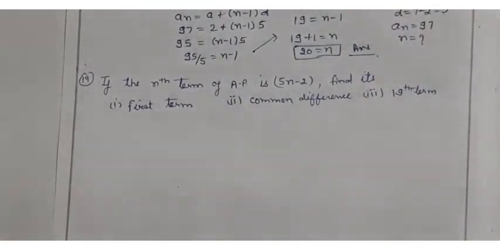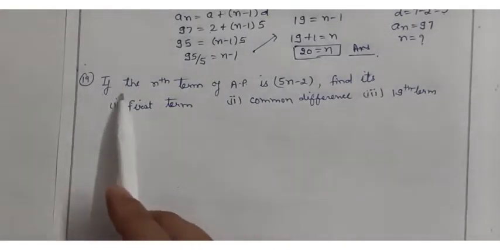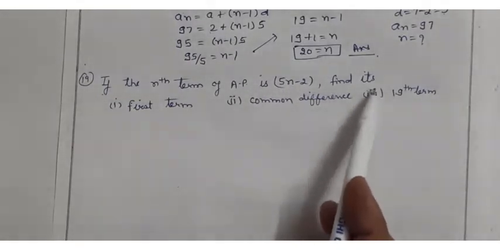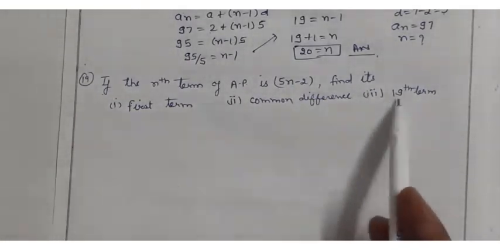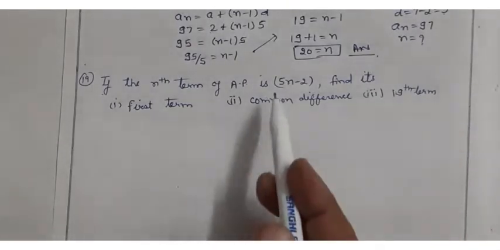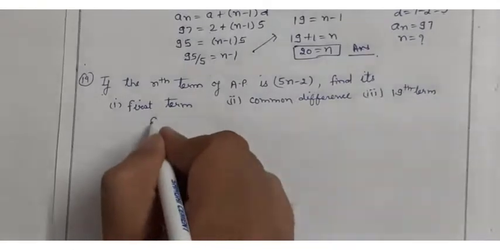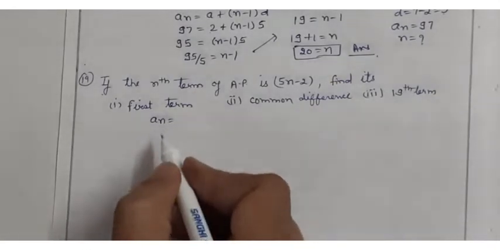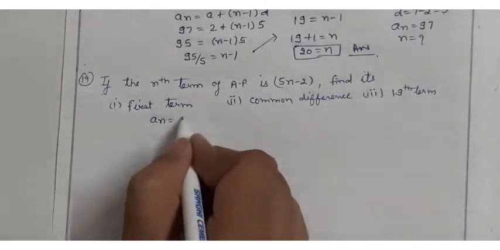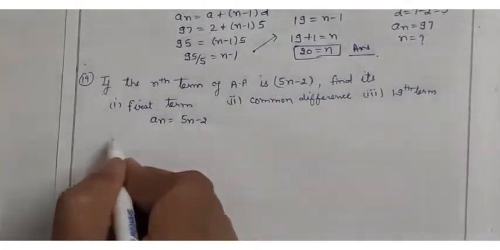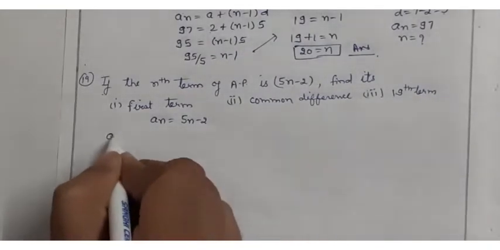they are asking this question in a different way. If the nth term of an AP is 5n minus 2, find its first term, common difference and 19th term. First of all, you have to find the AP. The nth term is given to you, an is 5n minus 2. Put n is equal to 1 to find a1.